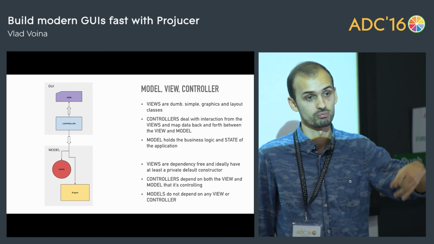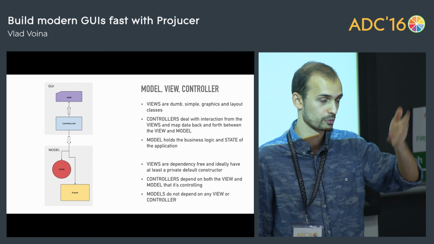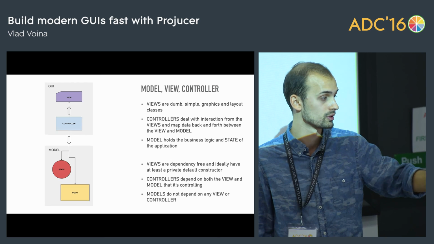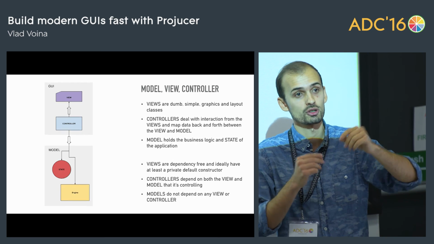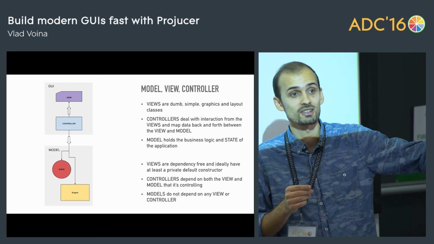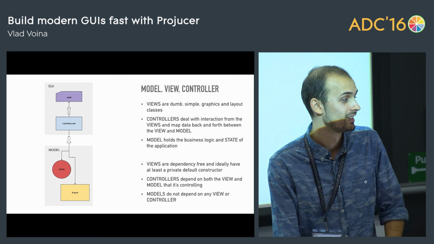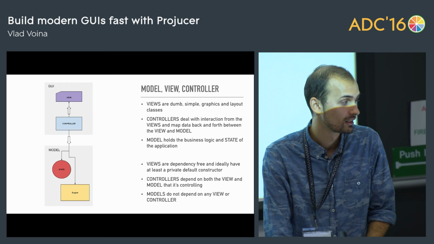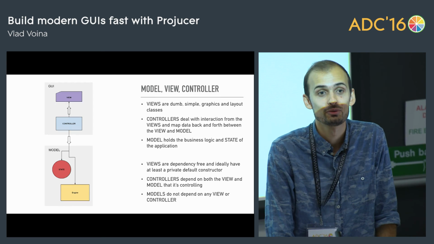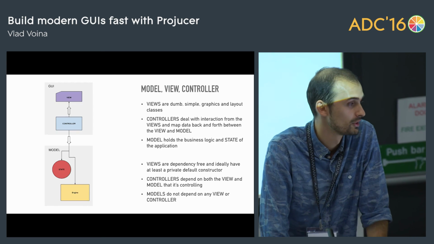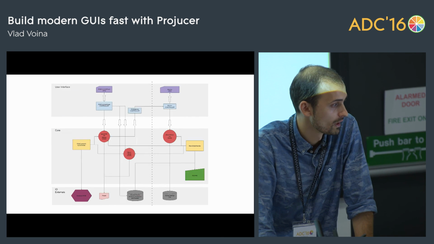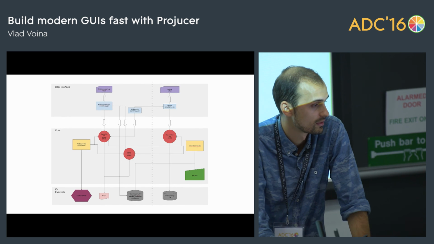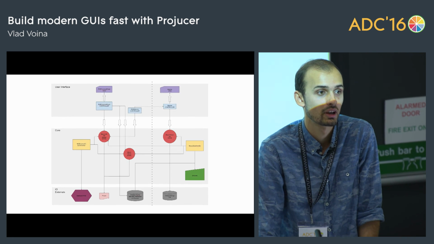I can compile that and put that anywhere I want. The view is also independent. I can run it in Projucer, I can do what I want to it, and then all the gubbins end up in the controller. And at least we all know where that is, and it's a bit simpler to work on important stuff when we have to. So this is a more real-life example of how this diagram scales.